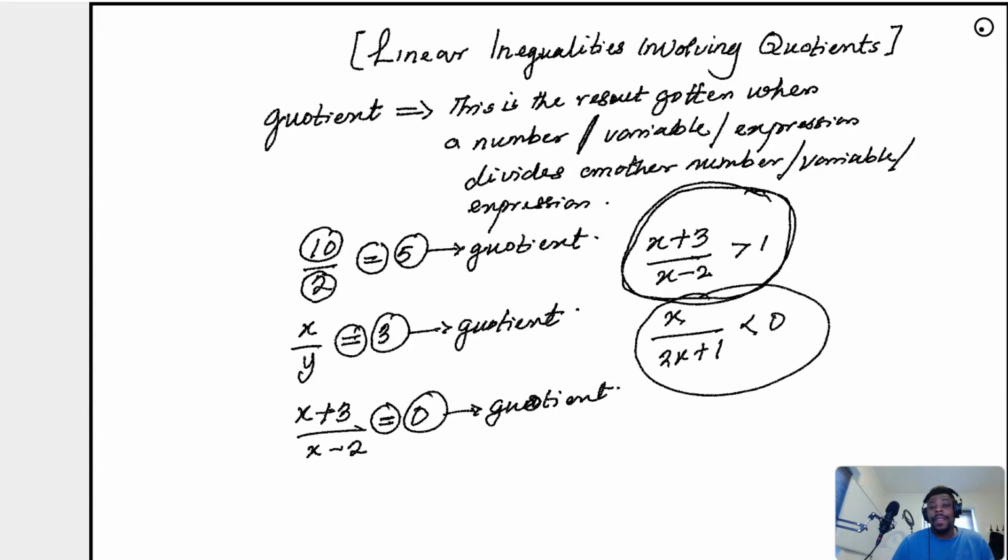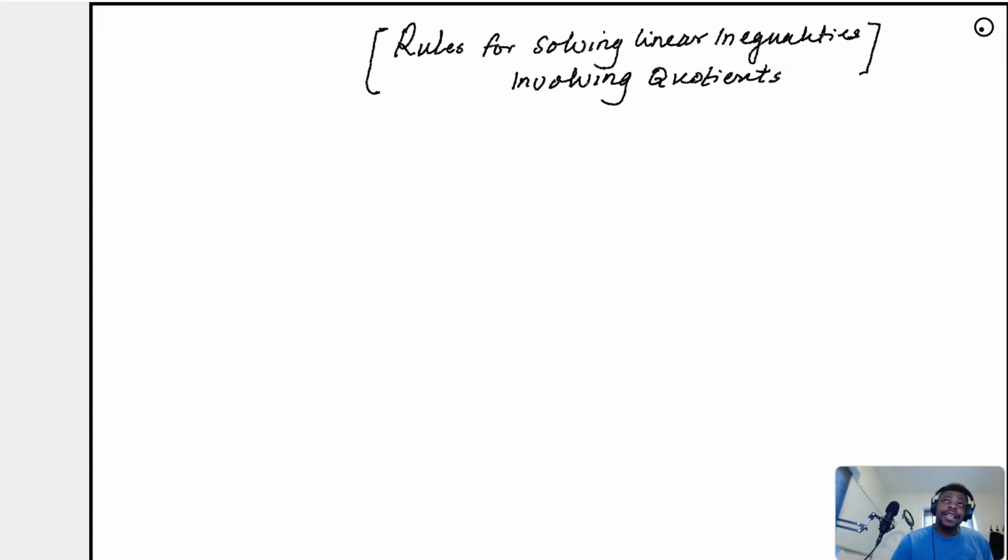So the next phase we are going to go to is the rules of solving linear inequalities involving quotients. There are 2 basic rules that you need to know. Okay? So, rule 1.